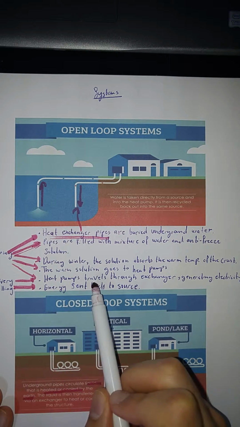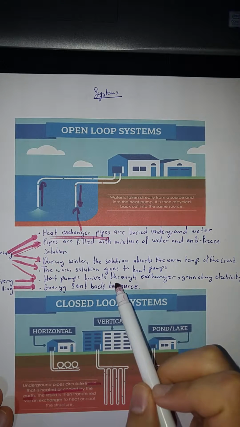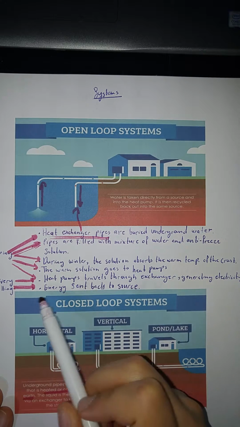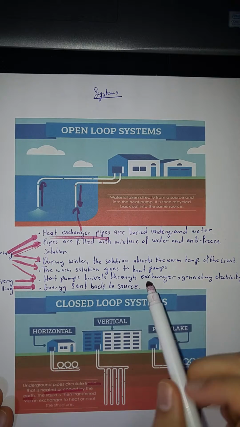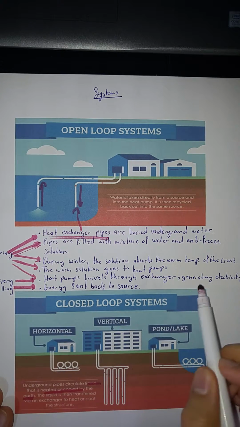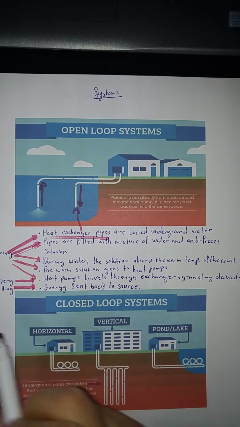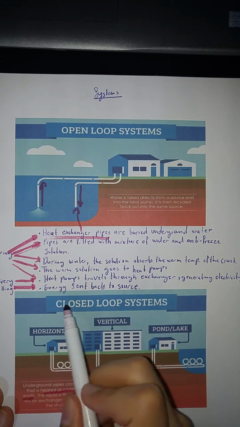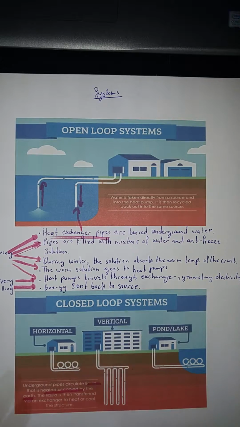After that, it becomes warm, and the warm solution goes to the heat pumps. And heat pumps travel through the exchanger pipe, and then delivery. For the delivery process, it generates electricity. Finally, for refilling, the energy is sent back to the energy source.